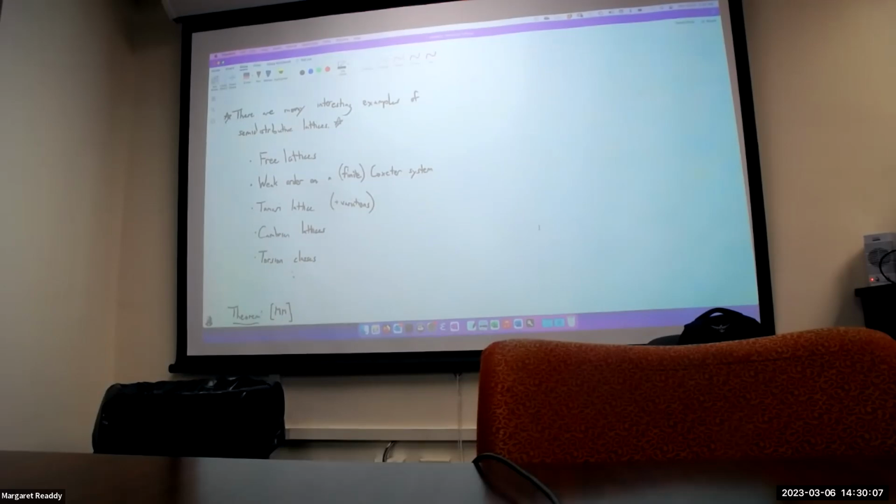The original one is free lattices. If you have any familiarity with free groups, it's kind of like that. With a free group, you think of a group generated by some set, and you look at all possible words, expressions I can write, and then apply associativity and so on. With free lattices, same idea. I take a set of elements and look at all possible words I can write down using the join and meet operations, combining them together.